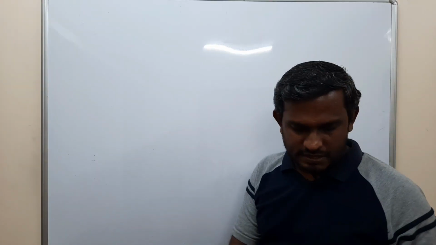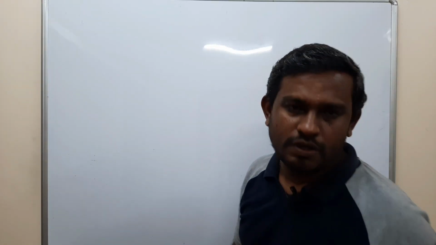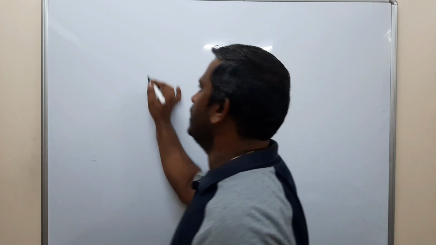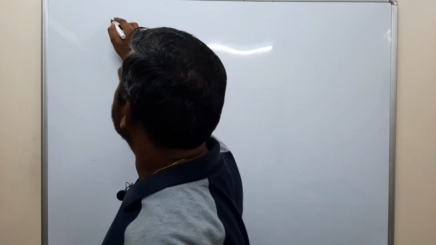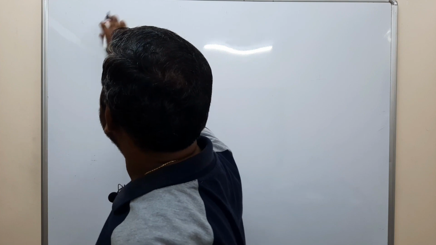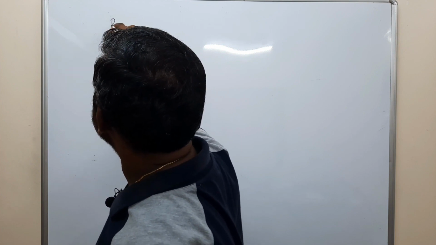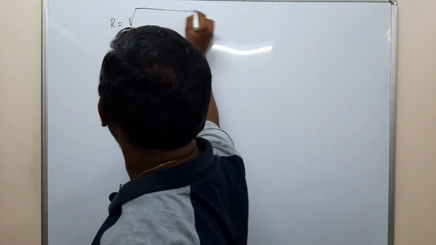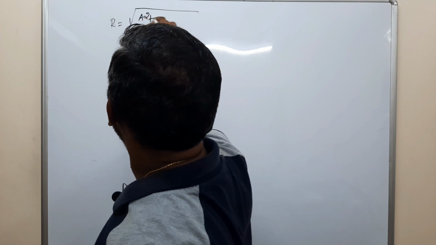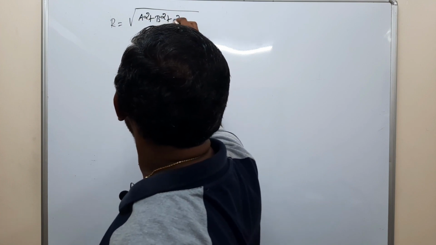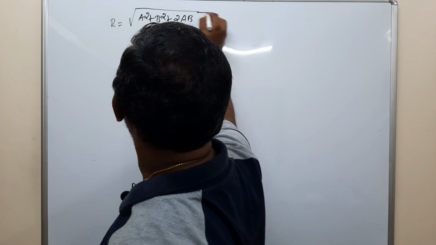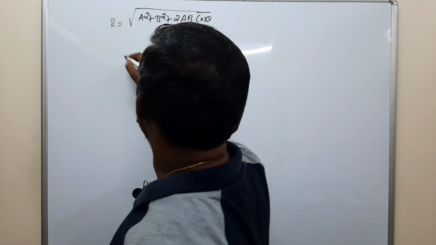The next is the resultant of vectors, or combination of vectors, either by the triangle law of addition or the parallelogram law of addition. The magnitude of the resultant is R equal to square root of a square plus b square plus 2ab cos theta.